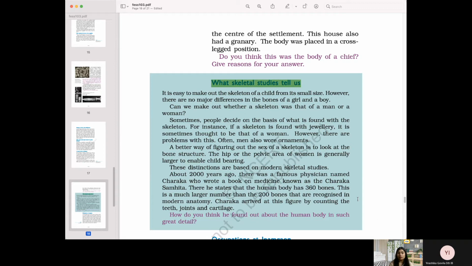Then there was someone like Charak who made the Charak Samhita, in which he wrote people had a total of 360 bones, because there he included not just the bones, he also included the cartilages, muscles, the teeth and all. But he did this like 2000 years ago, which was a great achievement at that time, because right now we have x-rays to see how many bones are there, but at that time there was nothing like x-rays. At that time calculating the number of bones is a great achievement.